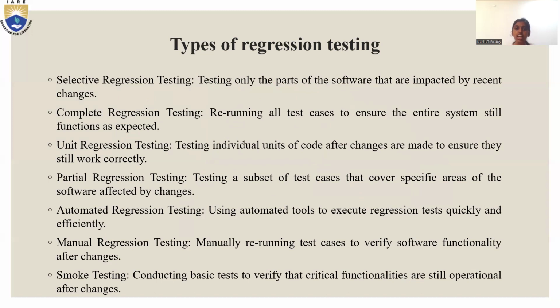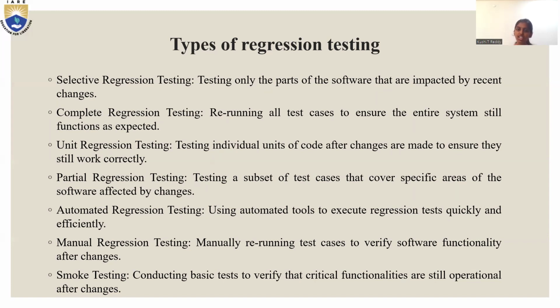Selective regression testing: testing only the parts of the software that are impacted by recent changes. Complete regression testing: rerunning all the test cases to ensure the entire system still functions as expected. Next is unit regression testing: testing individual units of the code after changes are made to ensure they still work correctly. Partial regression testing: testing a subset of test cases that cover specific areas of the software affected by the changes.